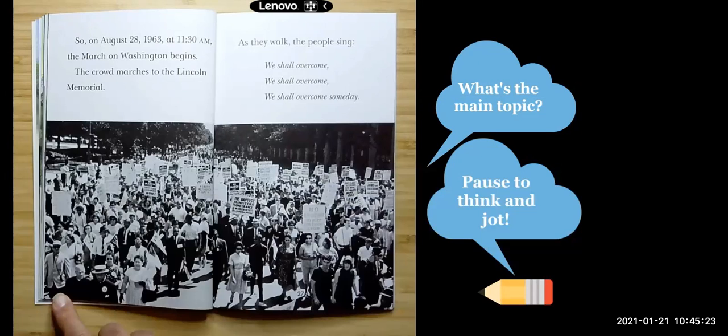So, on August 28, 1963, at 11:30 a.m., the March on Washington begins. The crowd marches to the Lincoln Memorial. As they walk, the people sing, "We shall overcome, we shall overcome, we shall overcome someday."